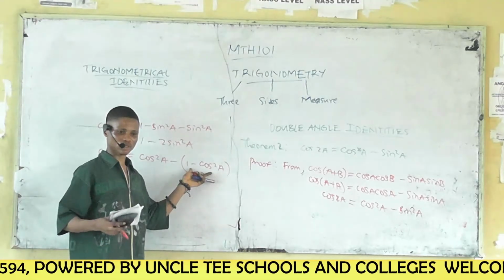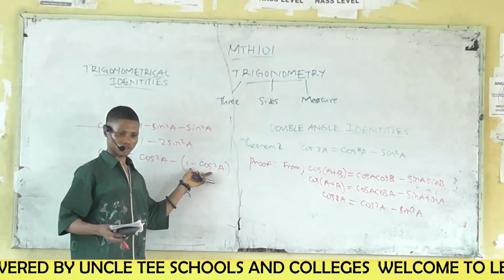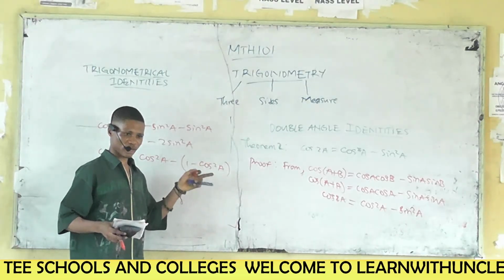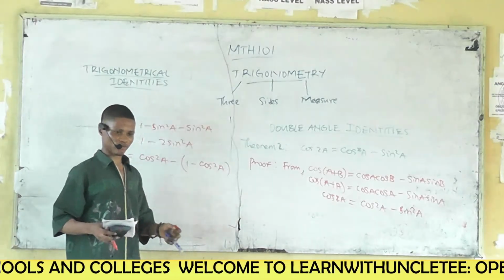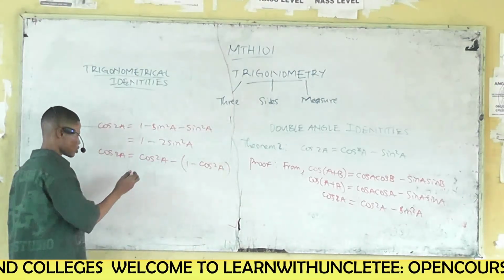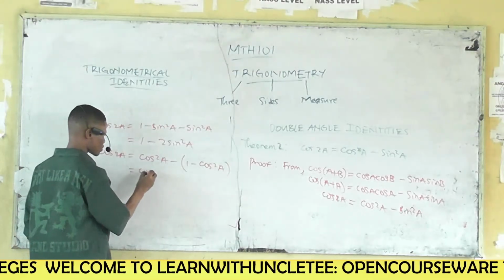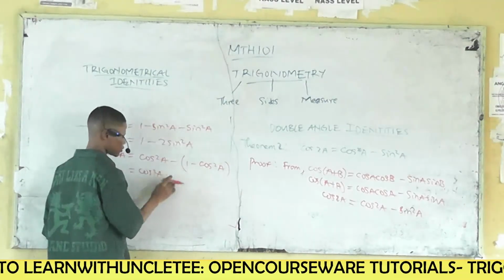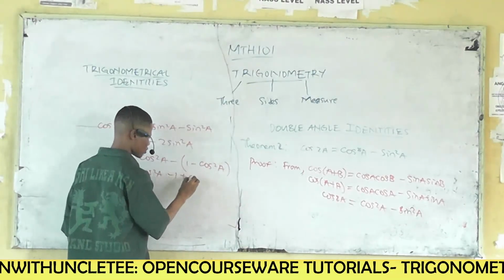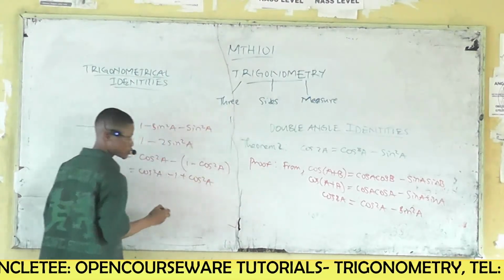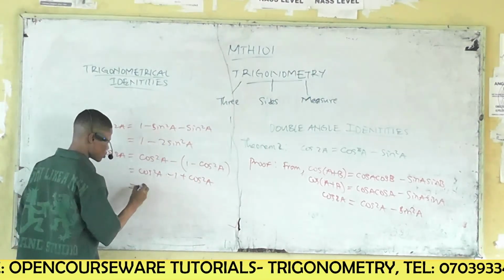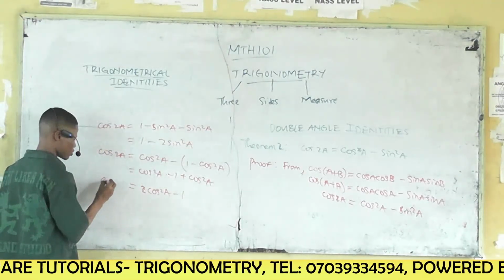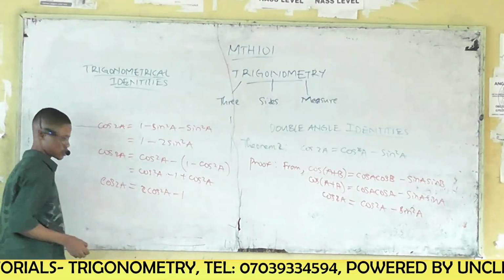From the fundamental theorem of trigonometry. You make sine square A the subject of formula. So this will give you cos square A plus 1 minus 1 plus cos square A. So this will give you 2 cos square A minus 1. So cos 2A is also equal to this.